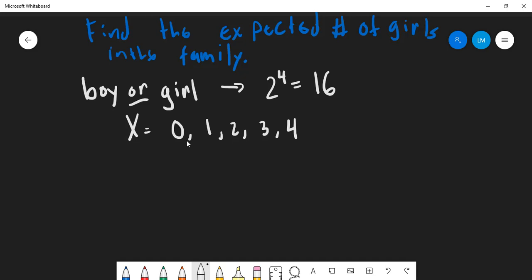Let's do it like this. To find the probability of 0, you can use the binomial distribution if you want to, but we really don't have to. The total is 16. If they're all boys, there's only one way that can happen, so that's 1 out of 16.